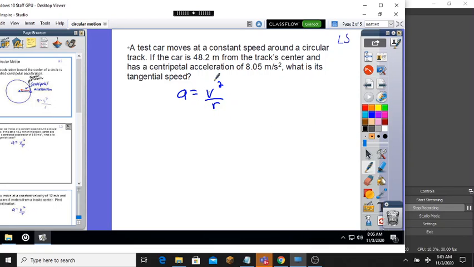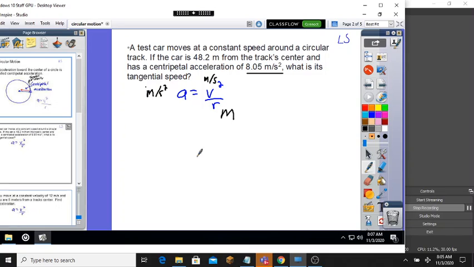Okay, if we know the acceleration, so we know this is acceleration because acceleration is meters per second squared. Anything that has that is acceleration. Anything that has meters per second is velocity, and radius is in meters.